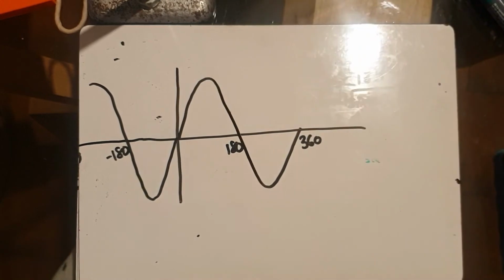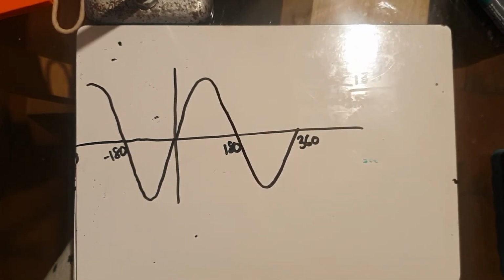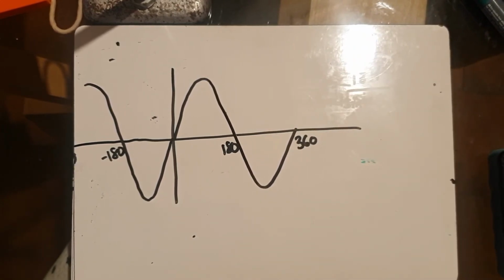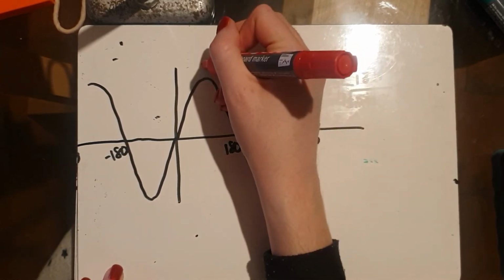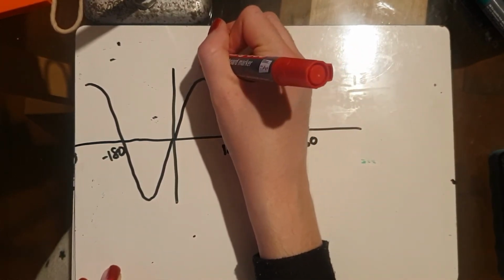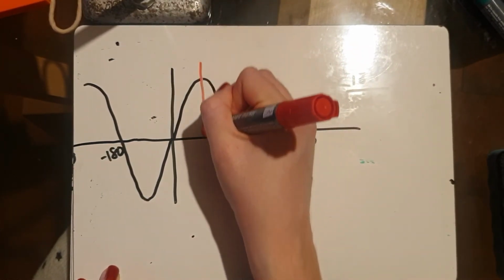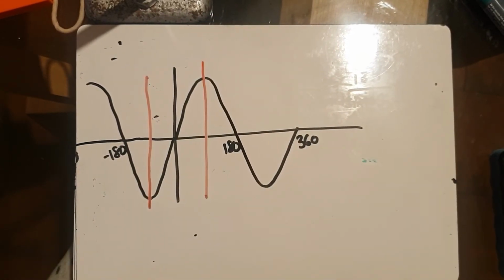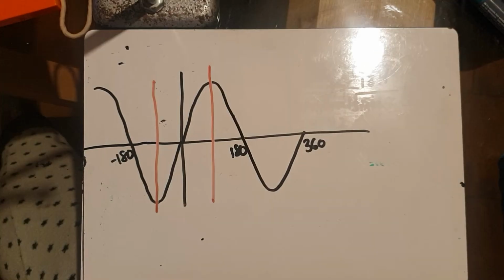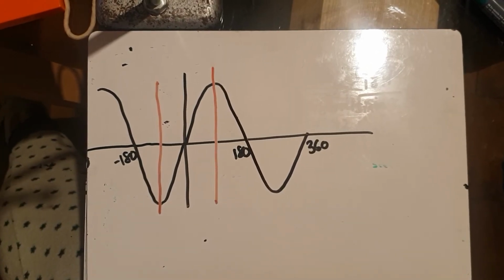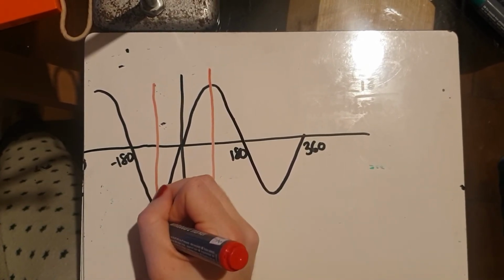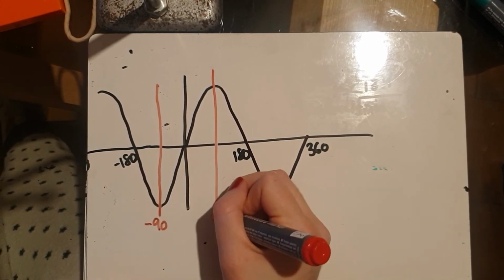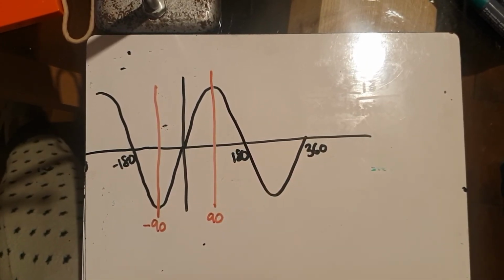When you input sine inverse into your calculator to give you an angle, it only gives you values between -90 and 90 degrees.